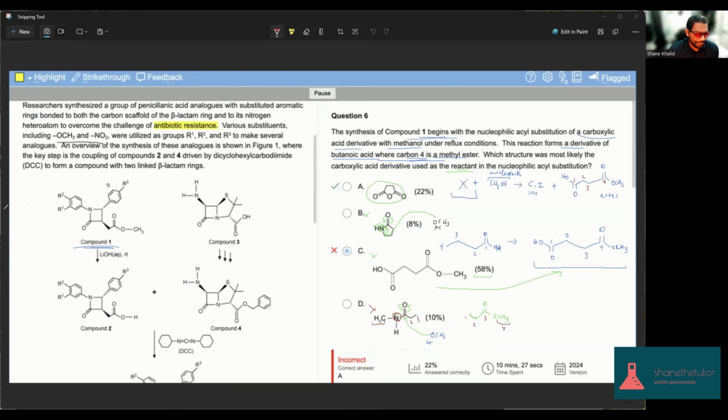So A, I didn't catch it at first, but A is actually a cyclic anhydride. So first of all, I'll just draw a generic anhydride. So something like this, where we have three oxygens and the central oxygen is connected to two carbonyl carbons, which have their own oxygens.